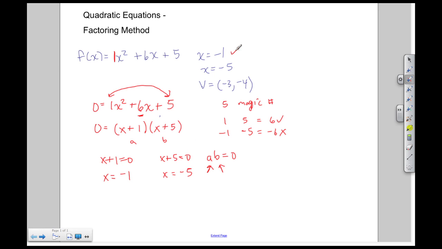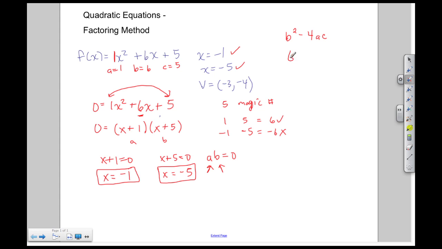What you see are the same solutions that we came up with when we used the graphing on the calculator. One more thing that I want to do now is also to use the discriminant. The discriminant is the expression b squared minus 4ac. In this problem, we see that a is equal to 1, b is equal to 6, and c is equal to 5.